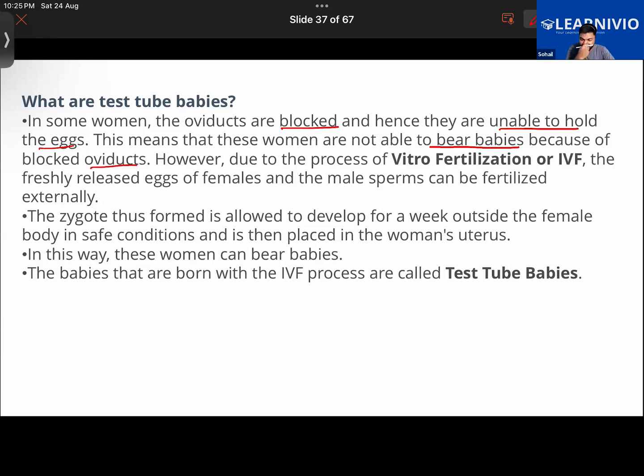However, as science has developed, through in vitro fertilization (IVF), the freshly released eggs of females and the sperms can be fertilized externally in a laboratory dish. This is the whole concept of test tube babies.